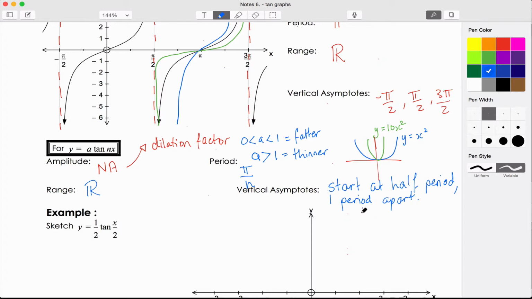Another way of looking at it is they are at pi over 2n and 3 pi over 2n. And you can keep going: 1 pi, 3 pi, 5 pi, 7 pi, 9 pi over 2n if you need to keep on going.